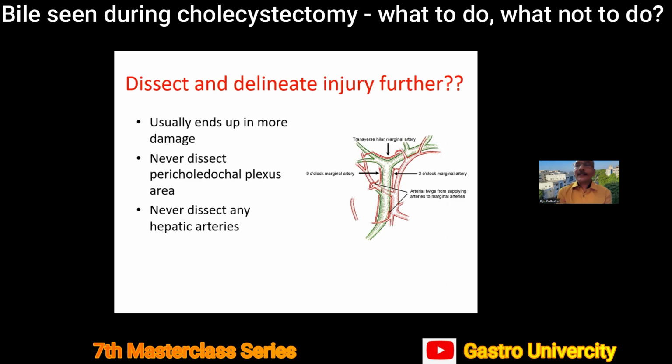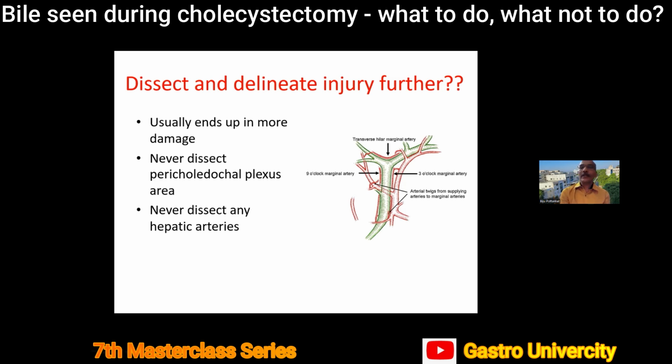Now, another common wrong approach is that we try to dissect and delineate the injury further by retracting, dissecting, hooking, suturing and so on. This should not be done if you don't have sufficient expertise. The reason is, once the injury happens, whether because of the cautery, the scissors, or any other instrument, there is a significant possibility of devascularization of the injury.